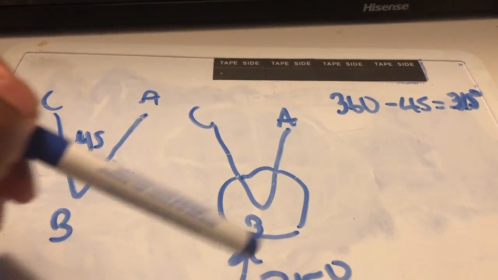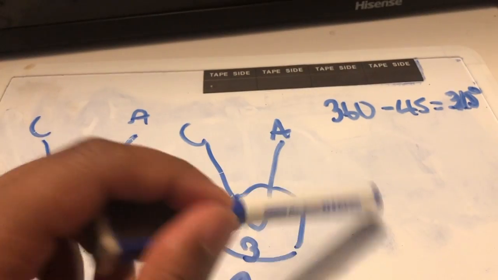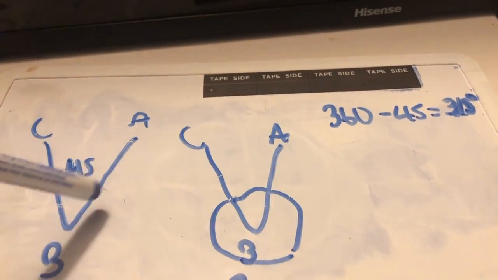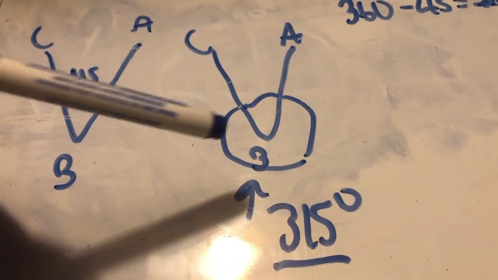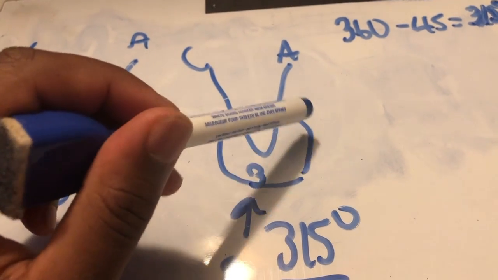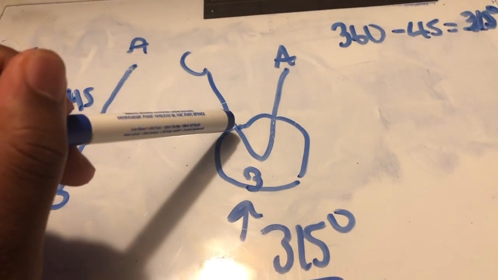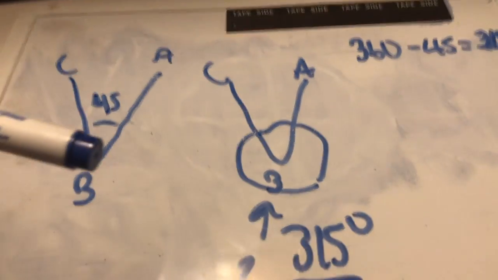What should be left over? We need to subtract. So we have a 360-degree circle, subtract the 45 degrees that we have here, and we're left with 315 degrees. That tells me that the distance from this part all the way around to this part, which is not inside the angle, is 315 degrees.